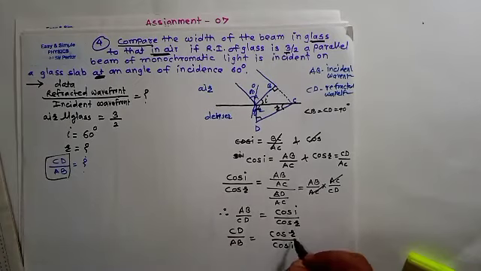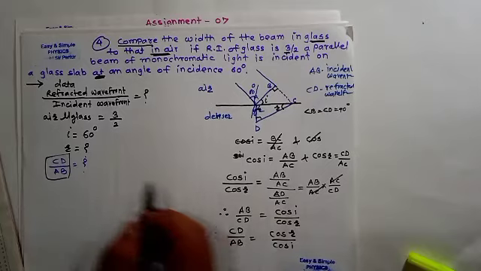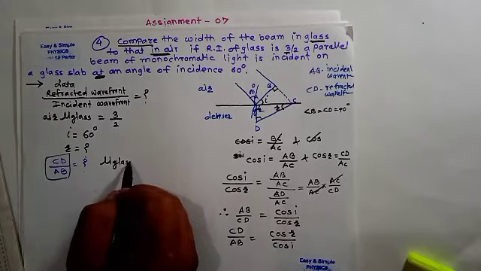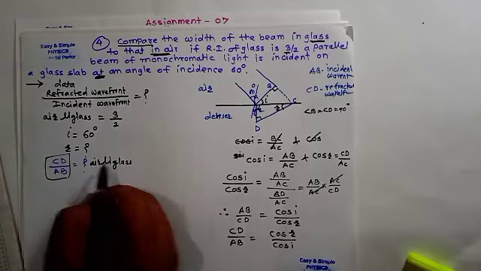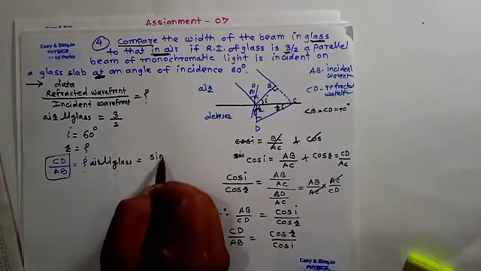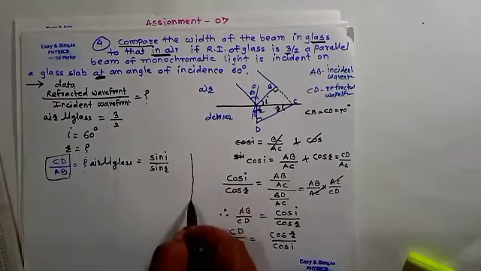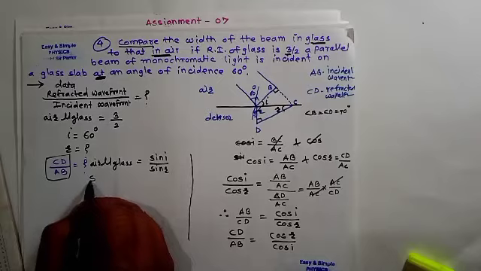If we can find out R, this ratio can be calculated by using the refractive index of glass with respect to air, which is equal to sine of I upon sine of R using Snell's law. What happens?